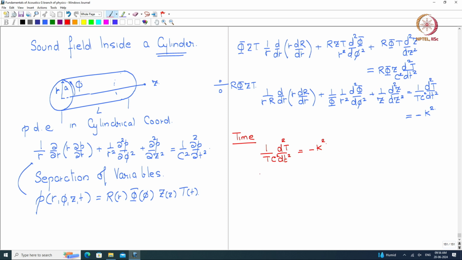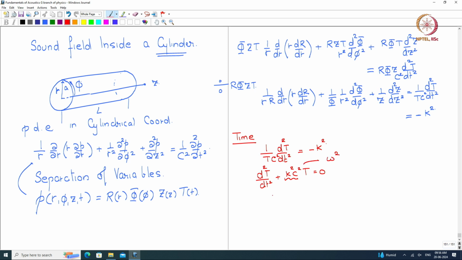So what we have now is d2 T by dt square plus k square C square T equal to 0, and this is omega square. Okay, omega square.